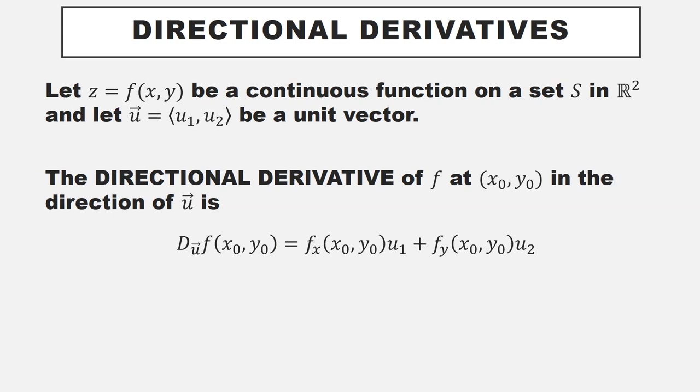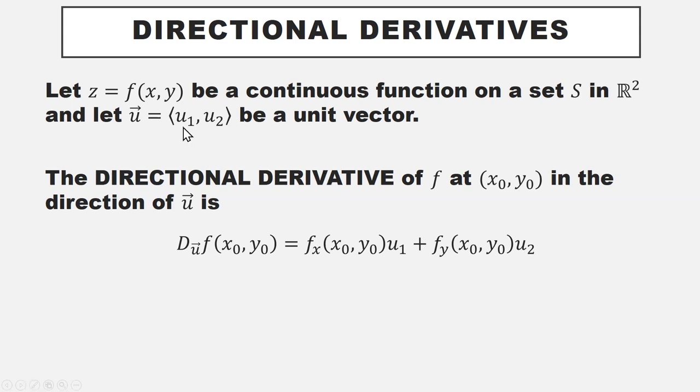If I use a different vector, I need to scale it so that it becomes a unit vector. But the directional derivative of f at point x0, y0 in the direction of u is going to be f sub x at that point times u1 plus f sub y at that point times u2.